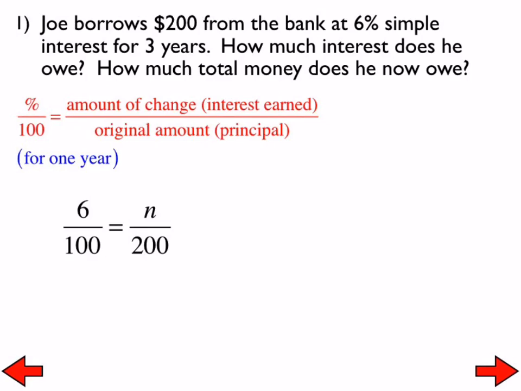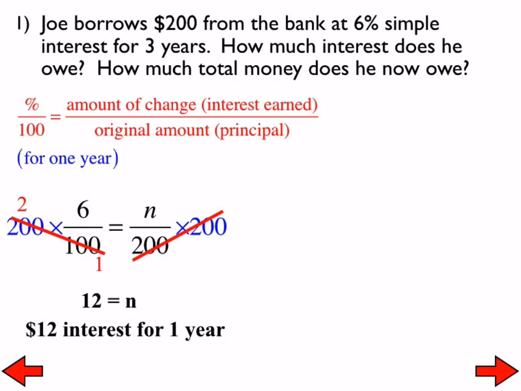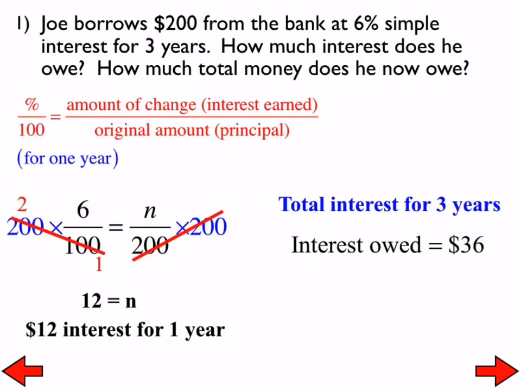So when we solve this, of course, we should multiply both sides by 200, since this is a one-step algebraic equation. And we would get 12. And so that is the amount of interest he earned for 1 year. $12. But he invested the money for 3 years. So if it's $12 for 1 year, for 3 years, of course, it would be 12 times 3, or $36.